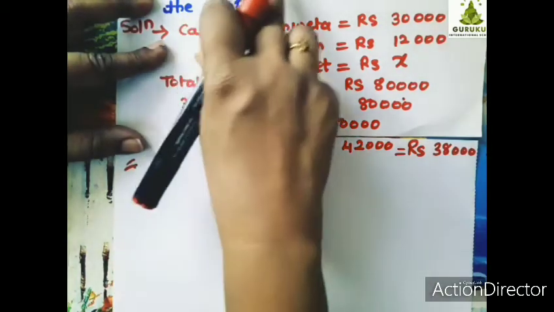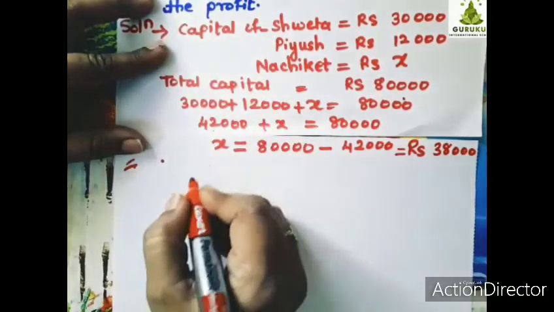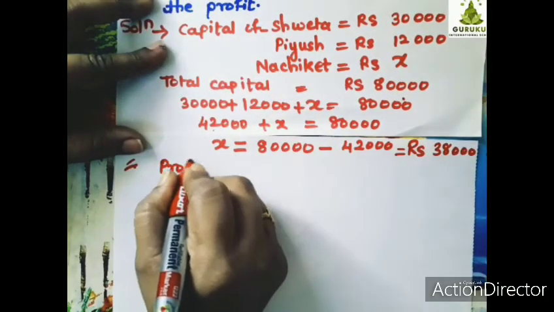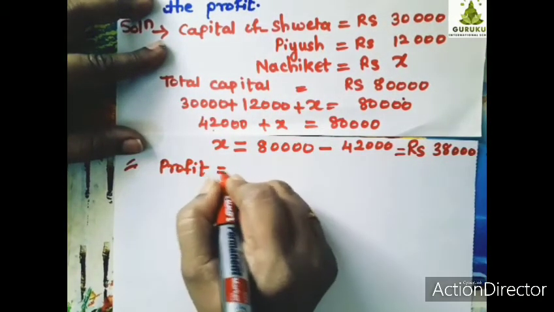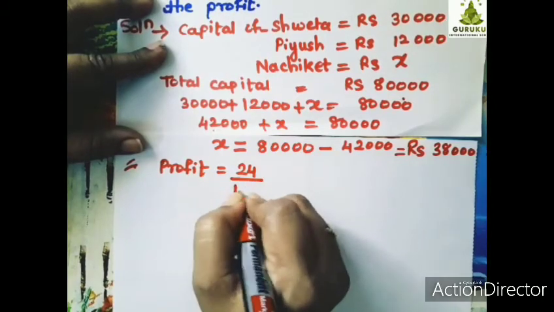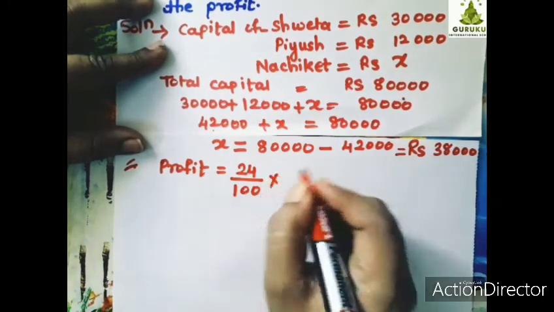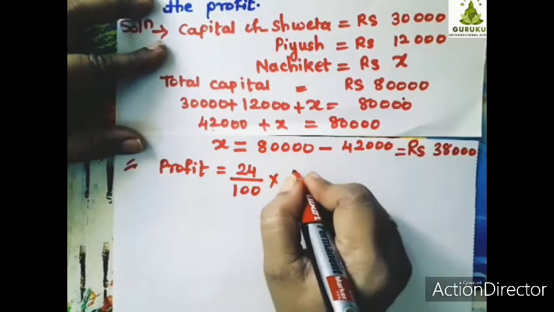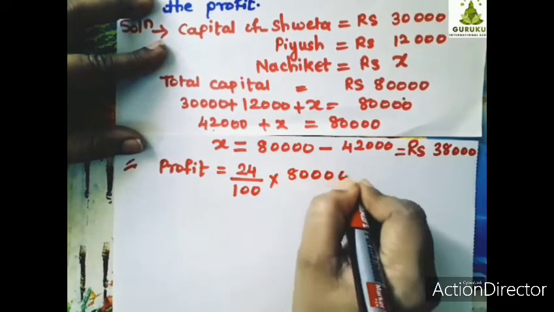Profit. They incurred how much? They incurred a profit of 24%. Profit is equal to 24%, means 24 upon 100 of total investment. Total investment is 80,000.